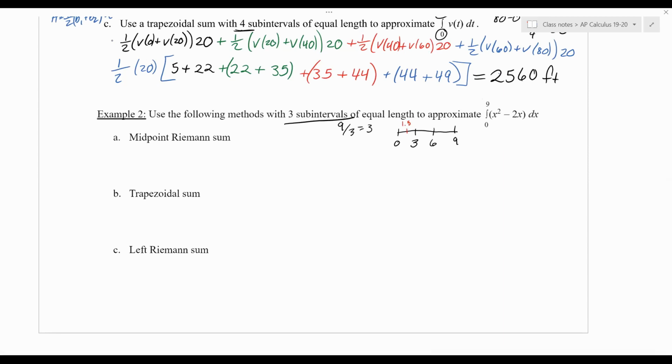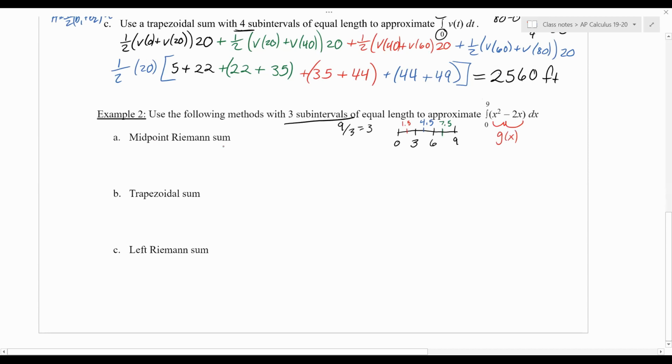So 3 plus 1.5 is 4.5. And finally, in the last interval, 6 plus 1.5 is 7.5. So I'm going to give this a name. I'm going to call it g of x.